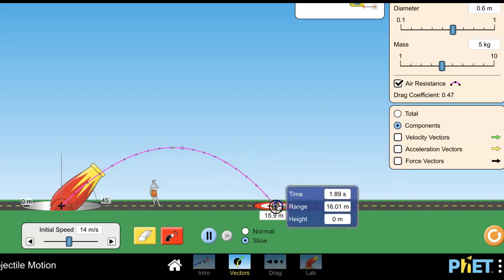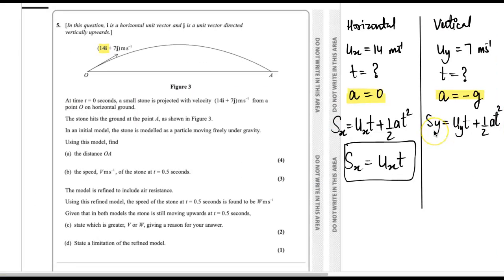But if we target this point, we're going to get height 0. Height is nothing but the vertical component Sy. So Sy is 0 when the object hits the ground.